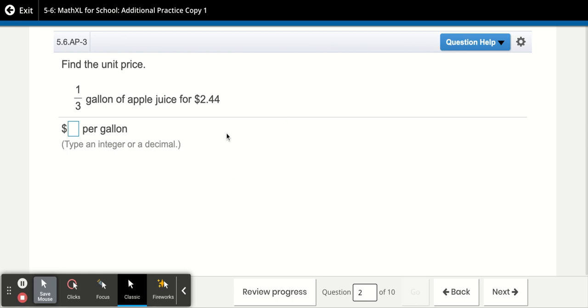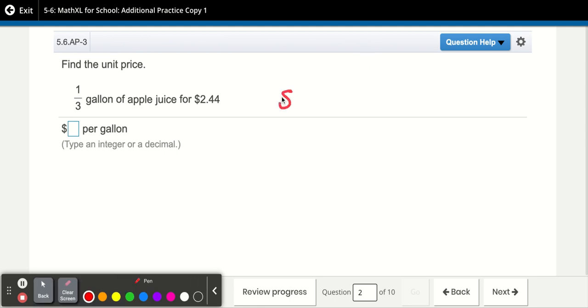And so when we do that, the first step for comparing better values is to find a unit price. And this time, we're just going to find the unit price for this one example right here. So we set it up like we did before. $2.44 per 1/3 gallon.